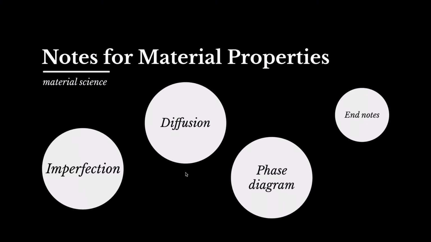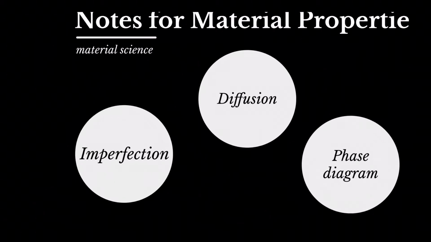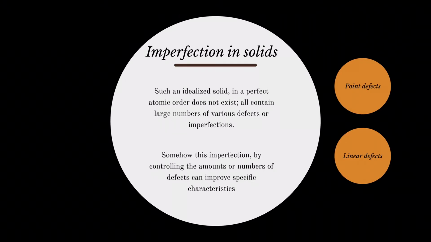So we will start with the imperfection of materials. In solids, there is no perfect atomic order, or what we call ideal solids. There is no such material that exists today.